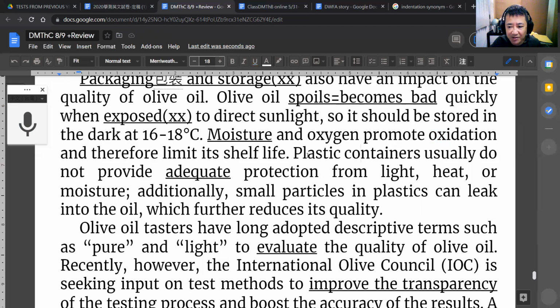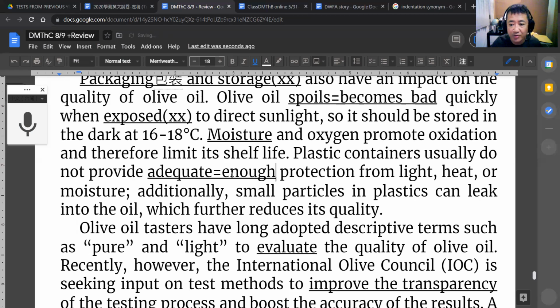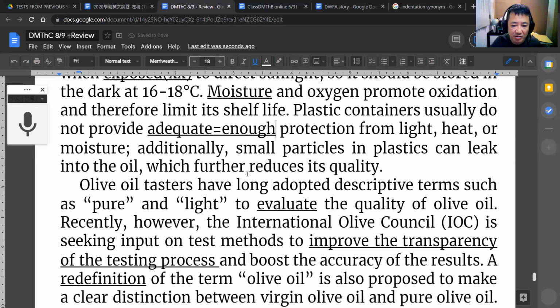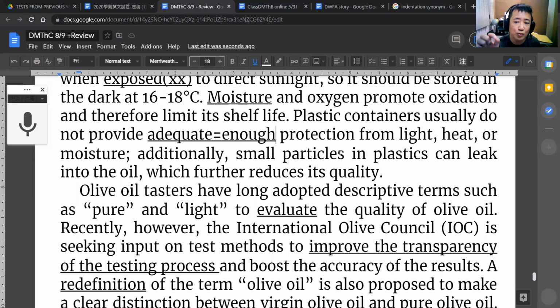So plastic containers usually do not provide adequate, which means enough, protection from light, heat, or moisture. Additionally, small particles in plastics can leak into the oil, which further reduces its quality. In other words, it's saying do not store olive oil in plastic bottles.